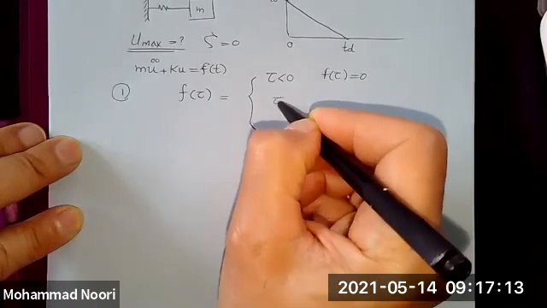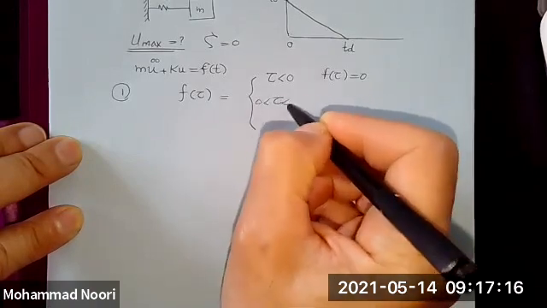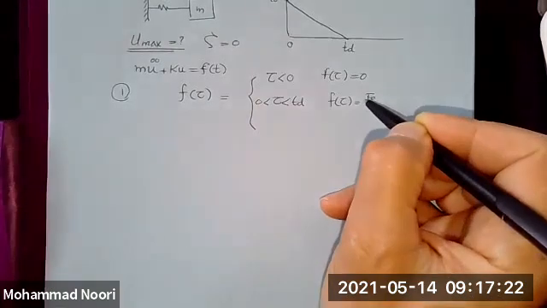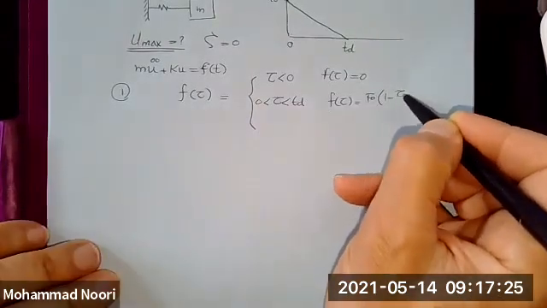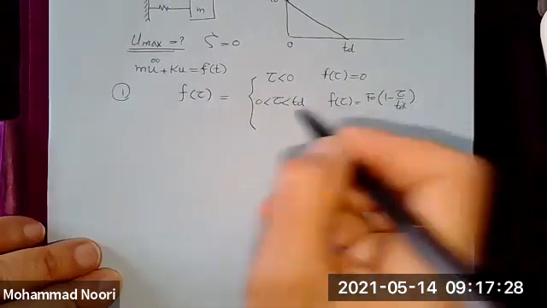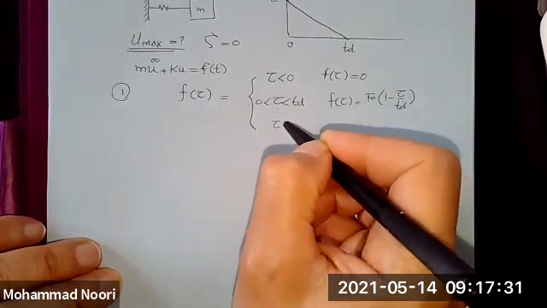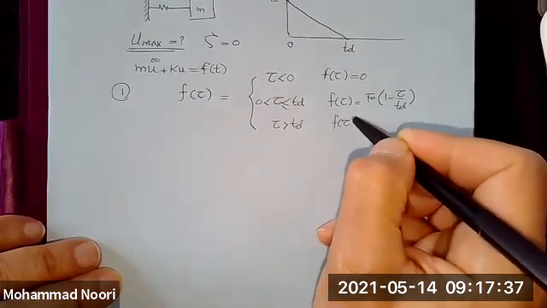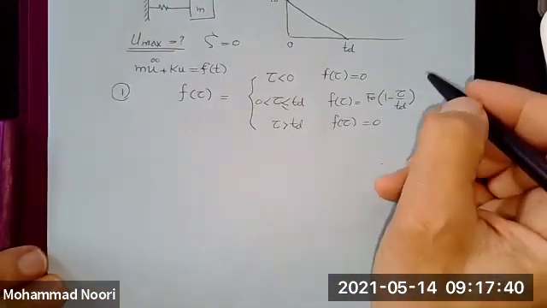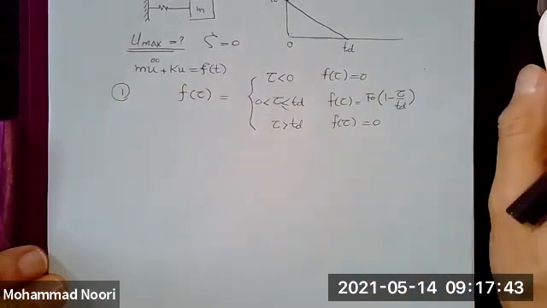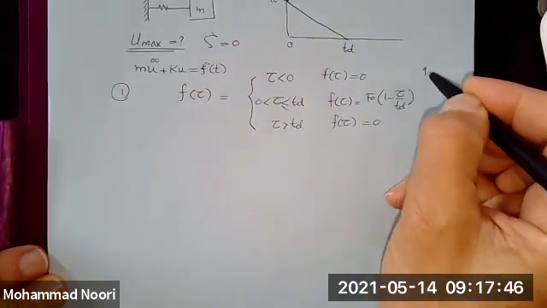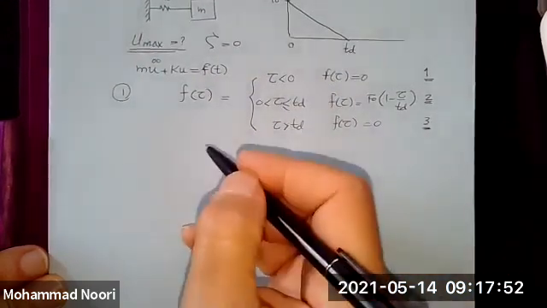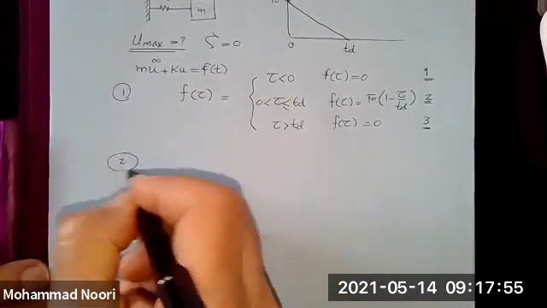When tau is greater than zero and less than t_d, f of tau is F naught times 1 minus tau over t_d. And when tau is greater than t_d, f of tau is zero. So you have three regions, and you need to evaluate the response in all of those.